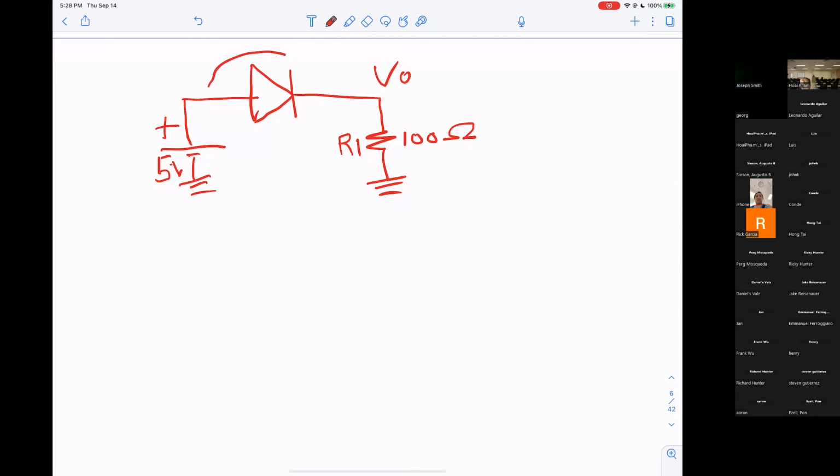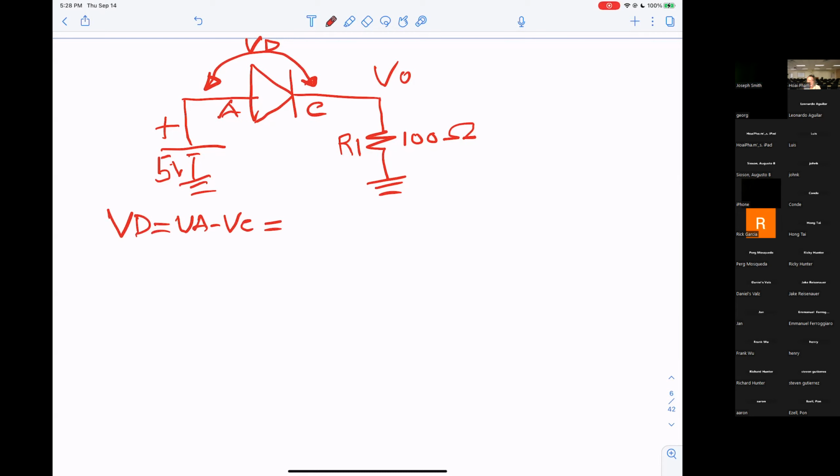VD means the voltage across the diode. That's what you call a VD. And basically that will be A. That will be C. And VD, you know that equals VA minus VC.